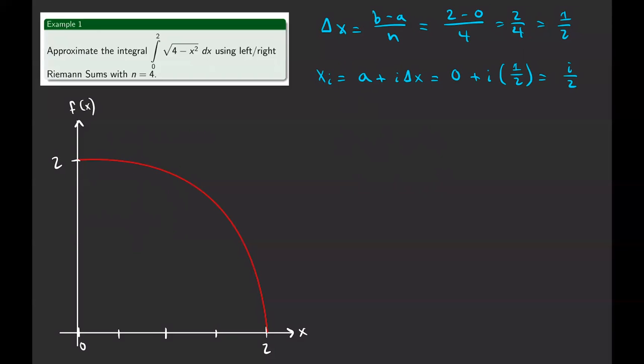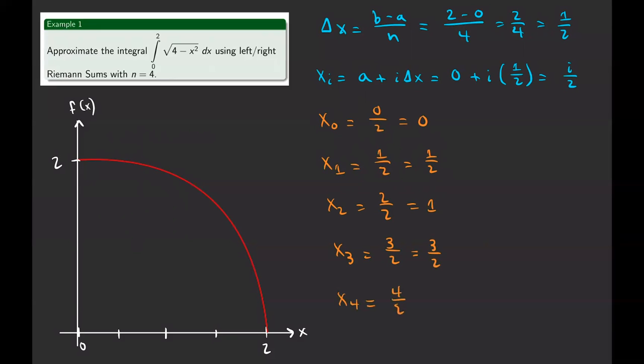If I work this out, x sub 0 is 0 over 2, which is just 0. x sub 1 is 1 over 2. x sub 2 is 2 over 2, which is equal to 1. x sub 3 is 3 over 2. And x sub 4, the last one, is 4 over 2, which is 2, which, ta-da, is equal to b, as the first one was equal to a.